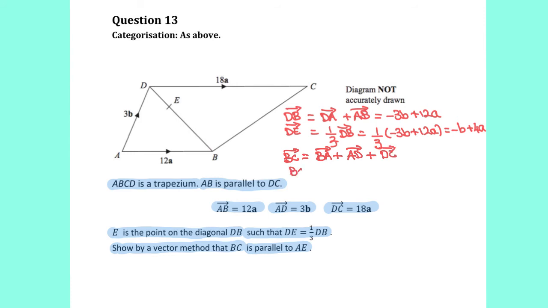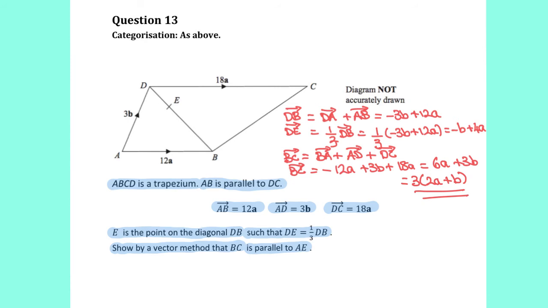So BC is equal to minus 12a plus 3b plus 18a, which is equal to 6a plus 3b, which if we factorize is equal to 3 lots of 2a plus b.